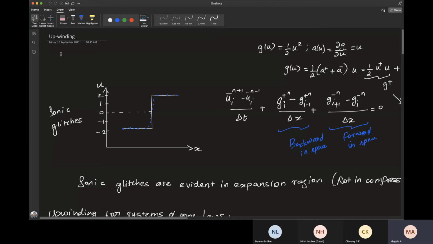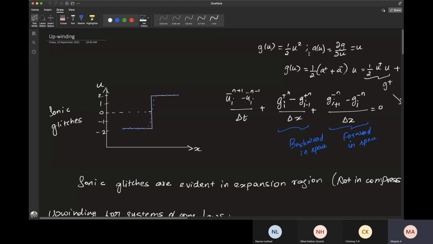That is why we went to upwinding, which only took the positive flux contribution from the left side and the negative flux contribution from the right side. That way, we got an upwind scheme. So that is basically upwinding. Now let us see some of the properties of numerical schemes when upwinding is done.